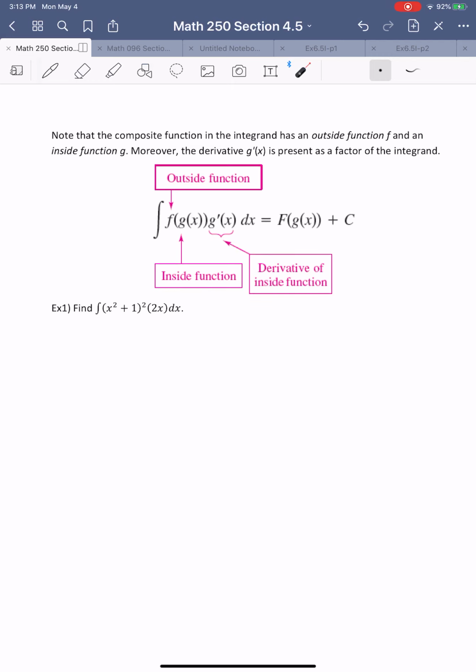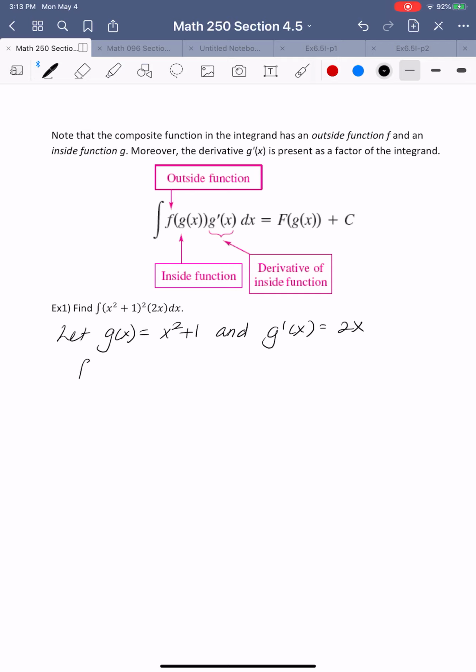So in number one, I just need to recognize that if I let g of x be x squared plus 1, then g prime of x is 2x.